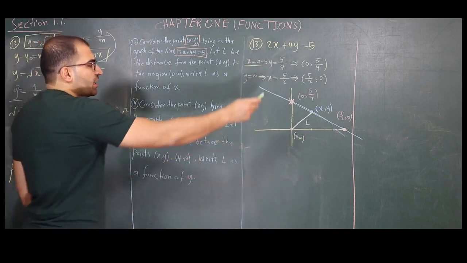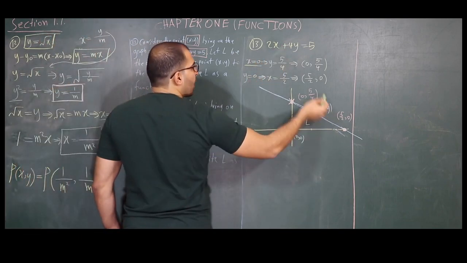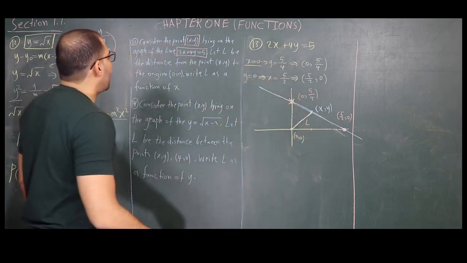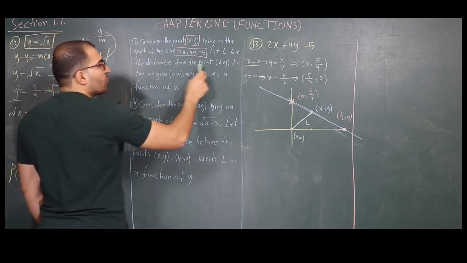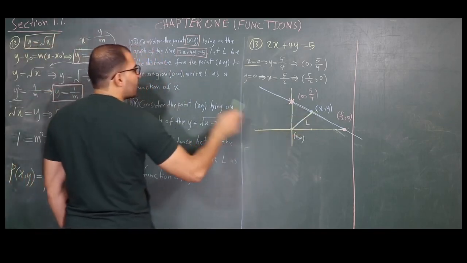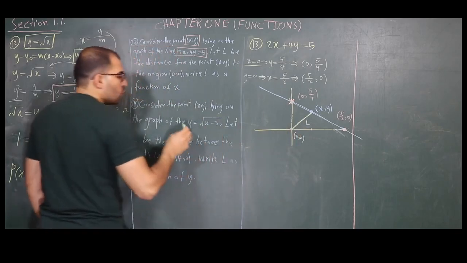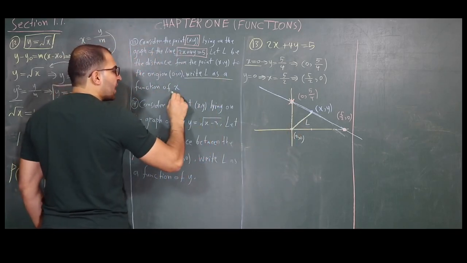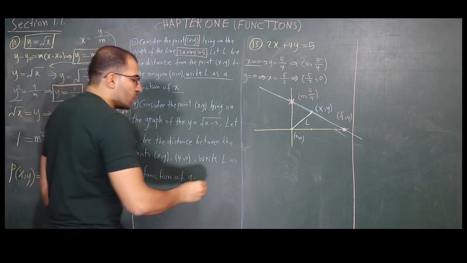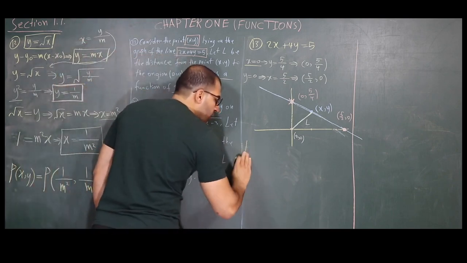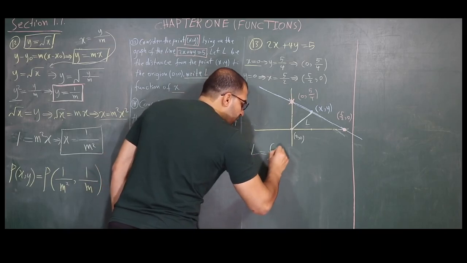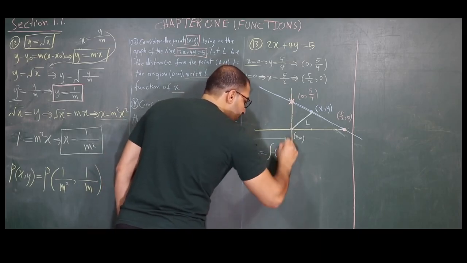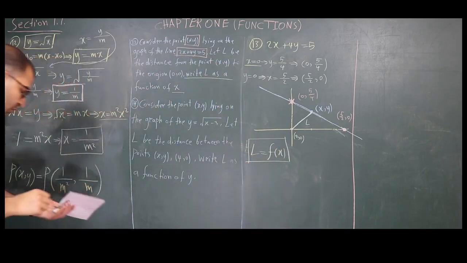So we have a line, and we have a point (x, y) lying on that line, and the distance from the point (x, y) to the origin is just L. He wants us to write L as a function of x. This is what we need to find.